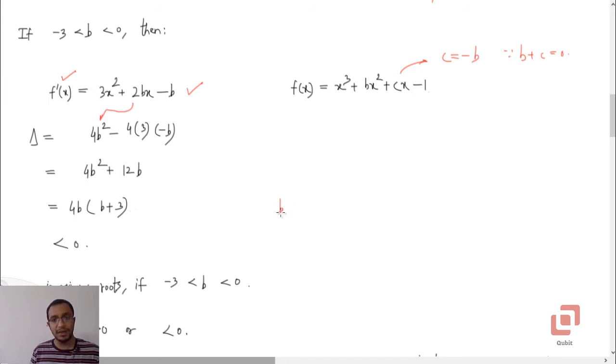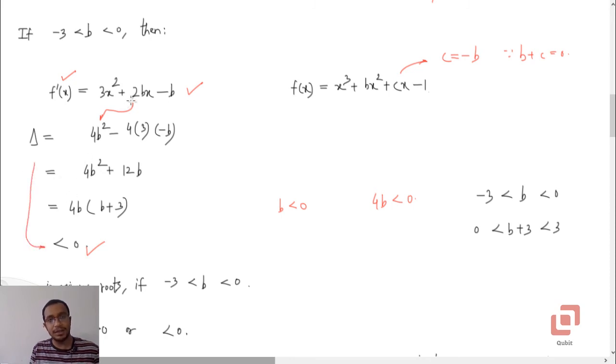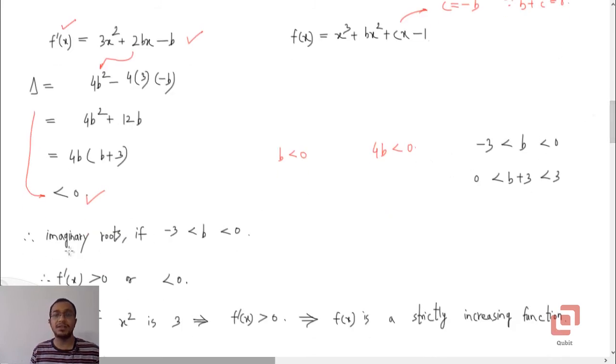Now observe that b is negative anyways, so 4b will be negative. But what about b plus 3? Because b lies between -3 and 0, b plus 3 will lie between 0 and 3. So b plus 3 is positive, and product of any positive number and any negative number is always negative, which means the discriminant is negative, which means our quadratic expression, if converted to an equation, is going to have imaginary roots.